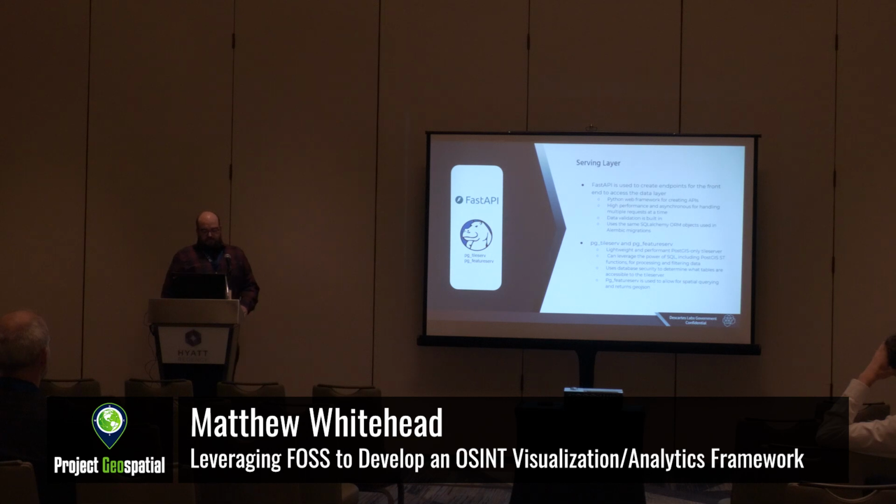And the other big thing that I've already mentioned is the data validation piece. We actually use the same SQL ORM objects that we do in our Alembic migrations as our validation in FastAPI, so that's a nice synergy between the two. We can ensure that anytime we make a database upgrade or add a new table or change a schema, it's reflected in the API as well.